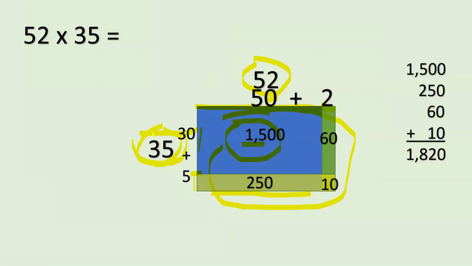So 50 times 30, we put here. 2 times 30, we put here. 5 times 50 we put here, and 2 times 5 we put here. Now, if we add all those up, we get our real answer, 52 times 35.